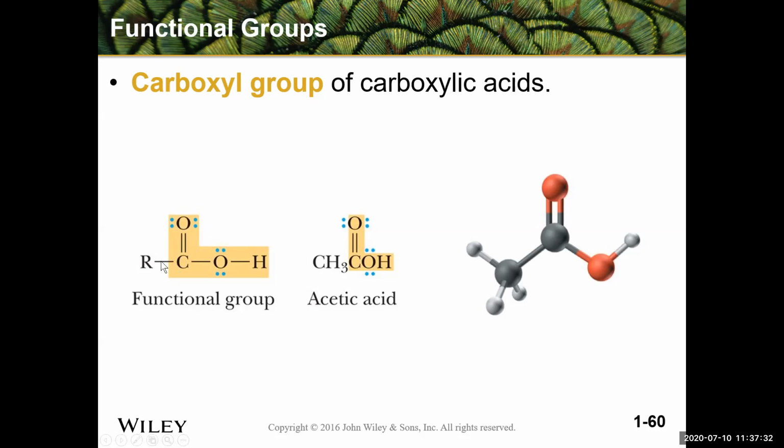Now, of course, you can have what's shown here. If you have a single carbon bonded to the carboxyl group, that's called acetic acid. Okay, so you're familiar with acetic acid. It's basically vinegar, or vinegar is a dilute solution of acetic acid. So going back to what this carboxyl functional group is, you have a carbonyl-like group here, a carbon double bonded to an oxygen atom.